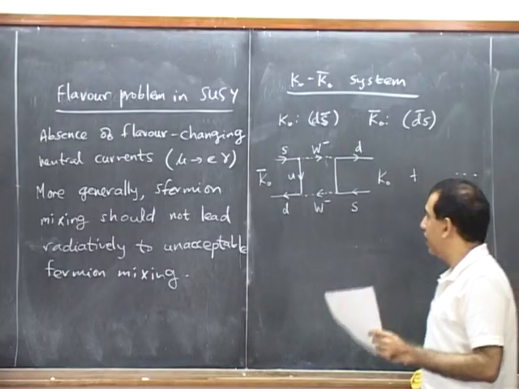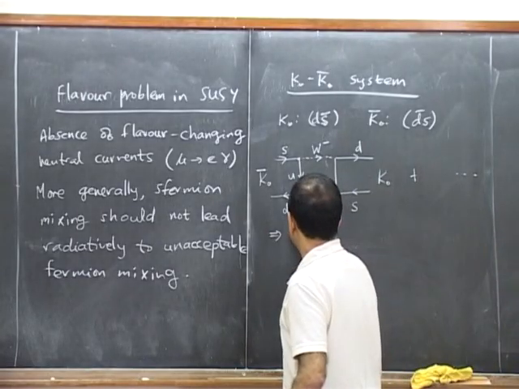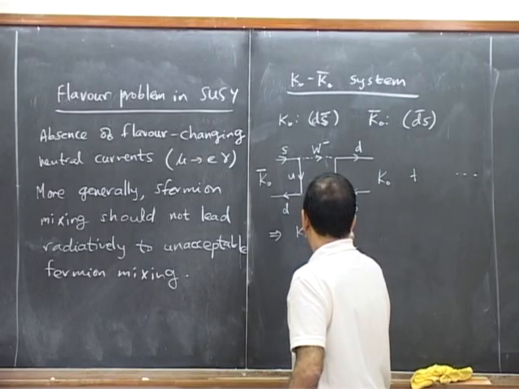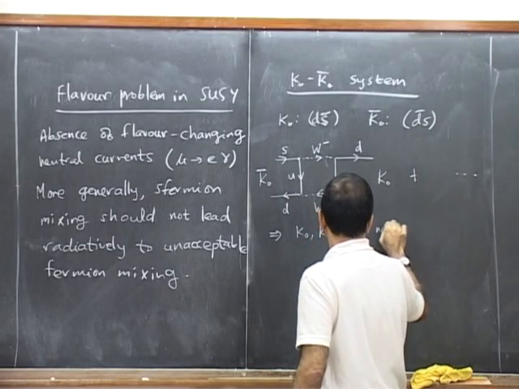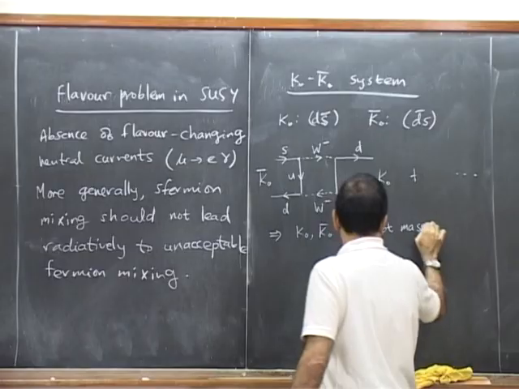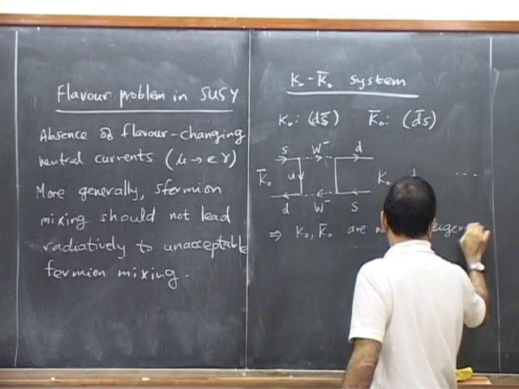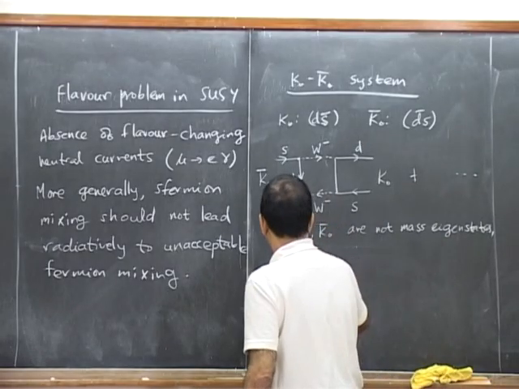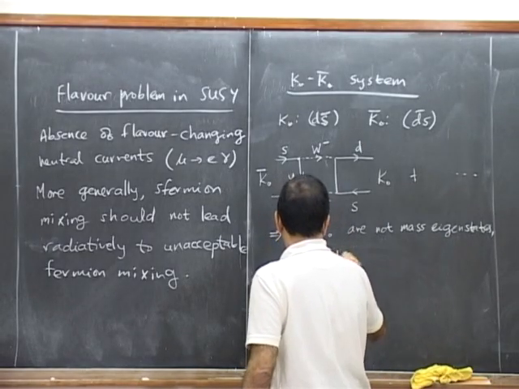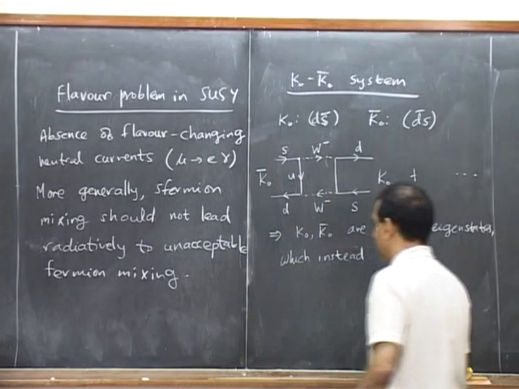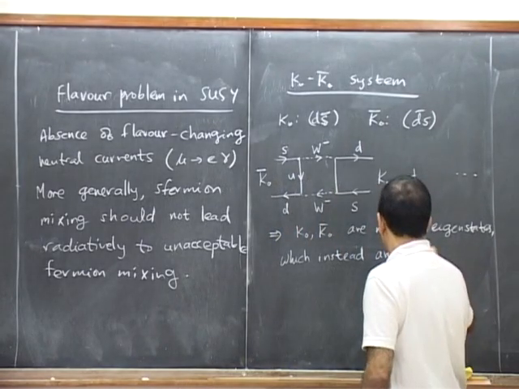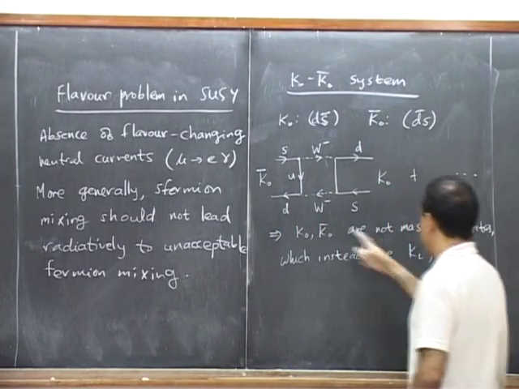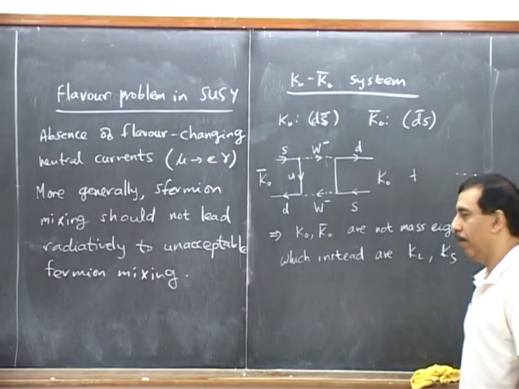Anyway, the key point is that this mixing implies that K naught and K naught bar are not the mass eigenstates. Which instead are two neutral self-conjugate particles, which are called K long and K short, which are linear combinations of K naught and K naught bar.